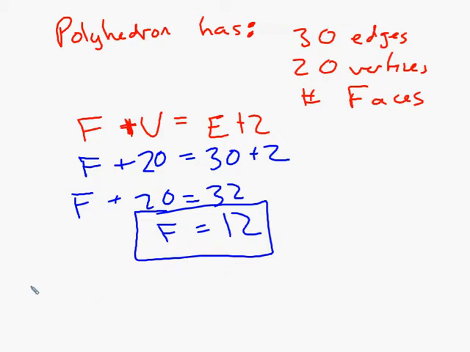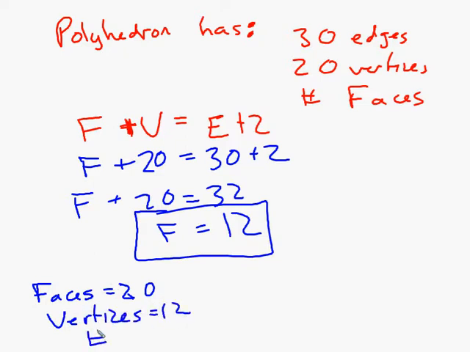Okay, I want you to try one. I'm going to give you that the number of faces is 20, and I'm going to give you the number of vertices is 12. I want you to tell me, how many edges are there?